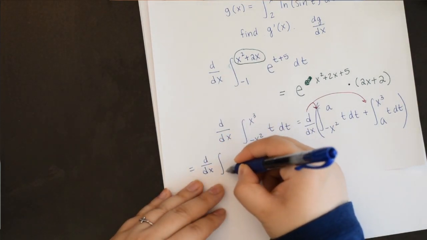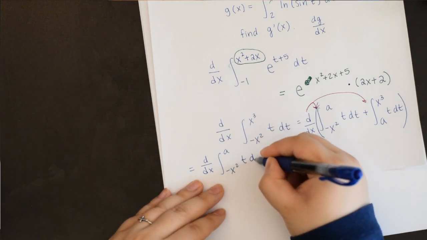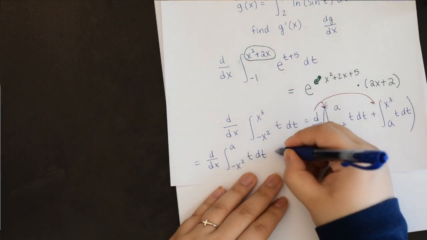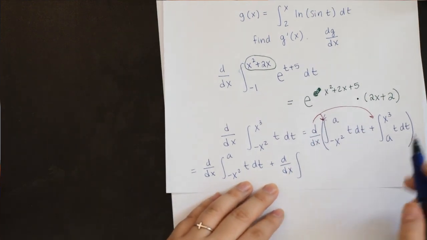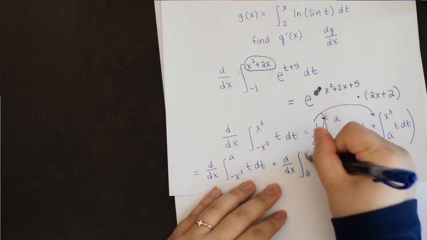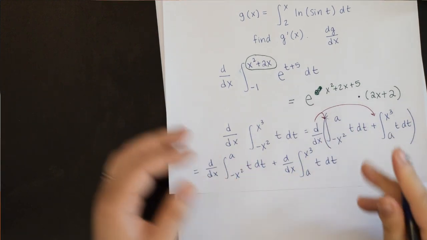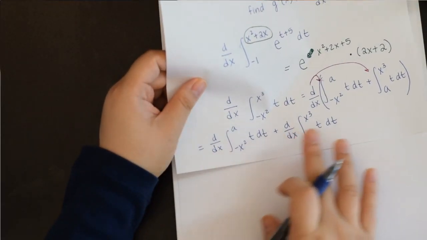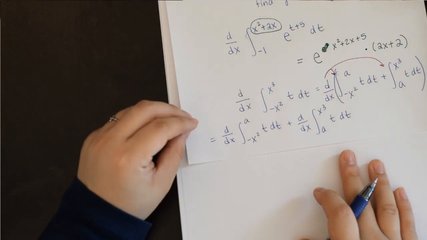So the derivative of this plus the derivative of, with respect to x still, a to x cubed t dt.